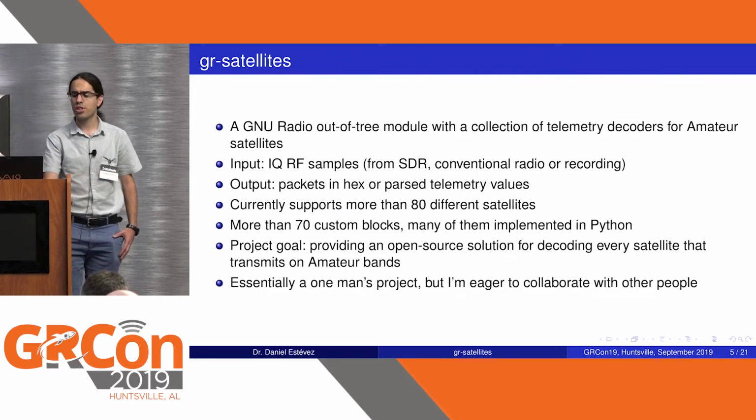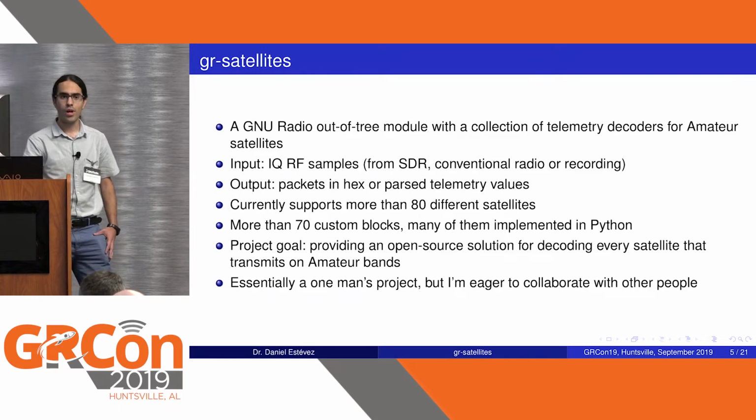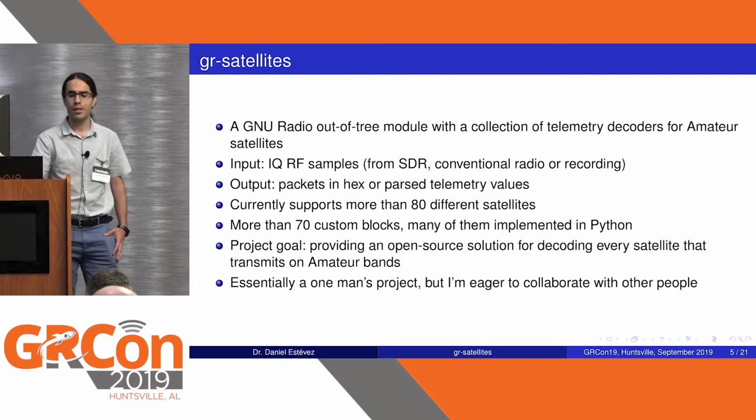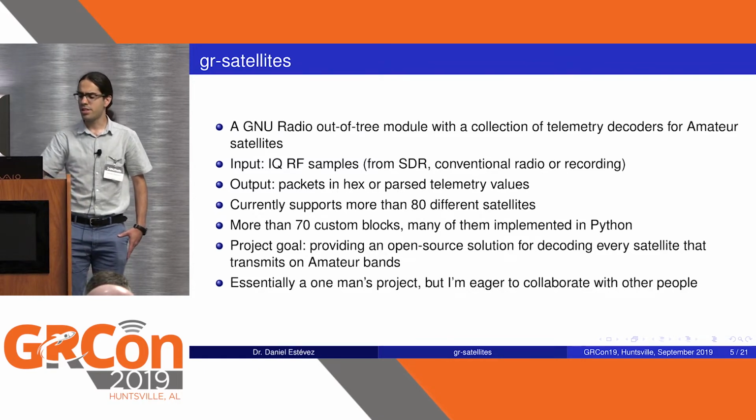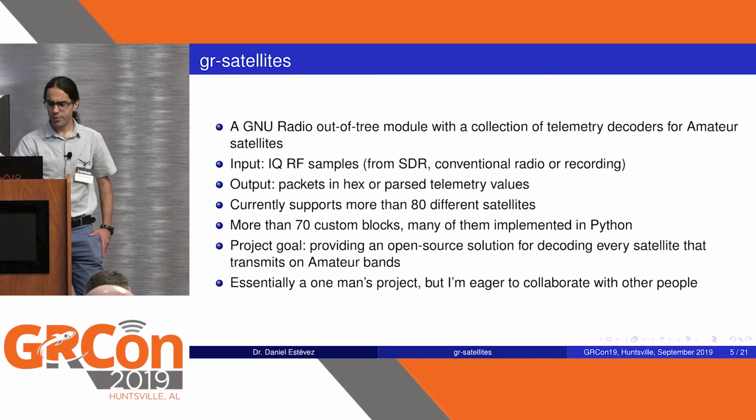So basically, for each satellite, you have a flow graph whose inputs are IQ RF samples, either taken in real time from SDR hardware, or a conventional radio, I don't know, an ICOM transceiver or something like that, or a recording. And the output is packets in hex format, or raw telemetry values like this voltage, this intensity of the current, and so on and so forth.